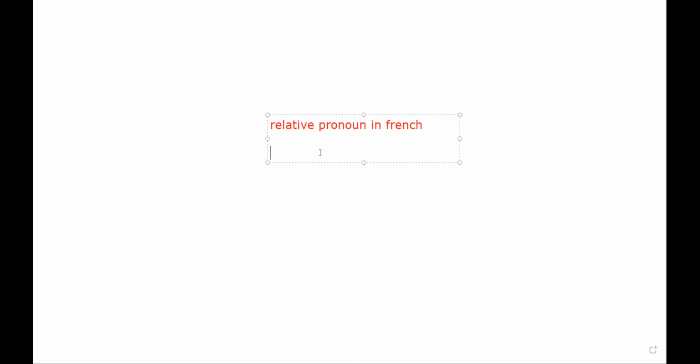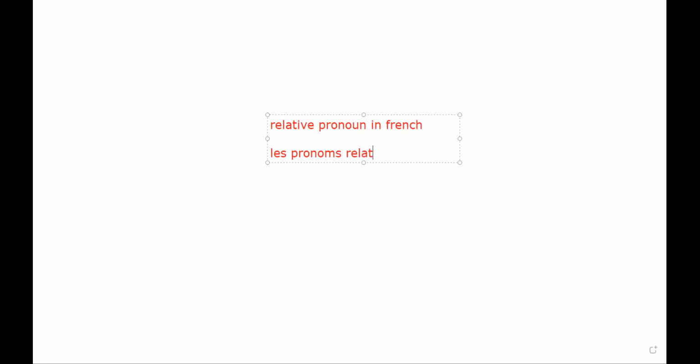So now basically we have the relative pronouns in French, right? So what is a relative pronoun in French? Les pronoms, répétez après moi. Les pronoms relatifs.